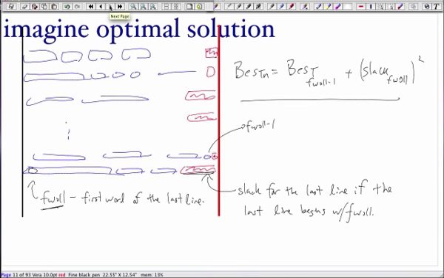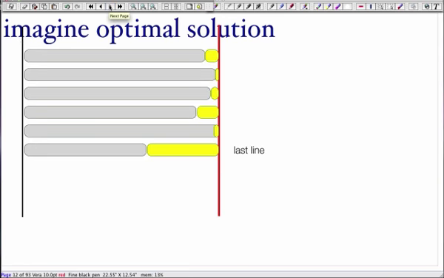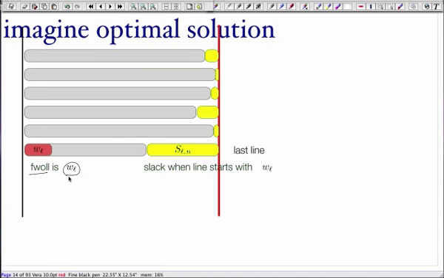All right. So here's the picture right here. Okay. So if the first word of the last line is WL, let's define a variable slack L n, which is the slack when the line starts with WL and goes to word n.